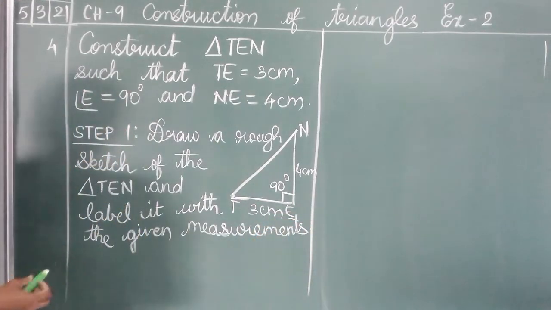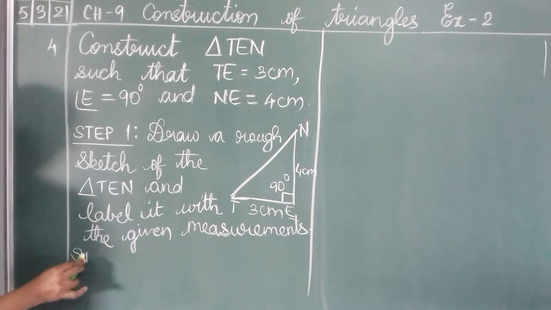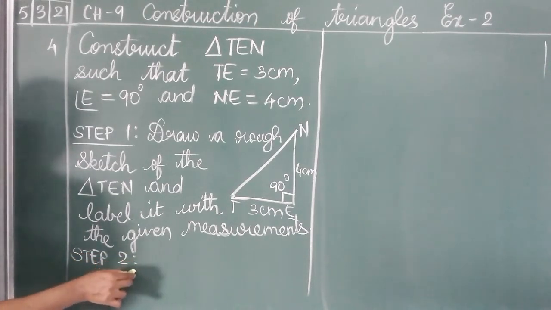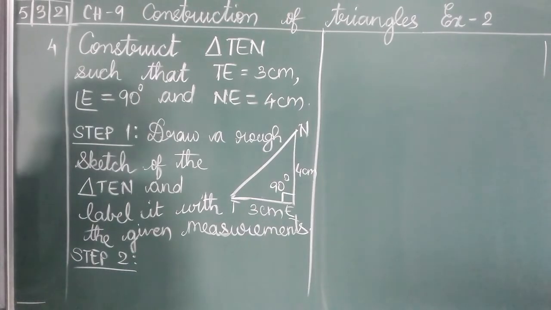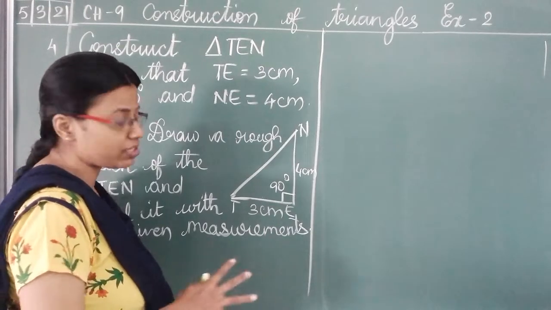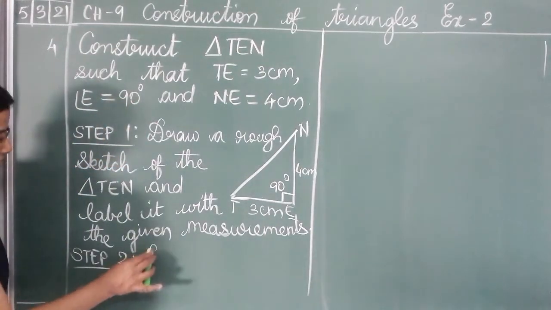Okay? Now let us write step 2. What is step 2, children? We have to draw the line segment TE of length 3 centimeters. So let's write that.